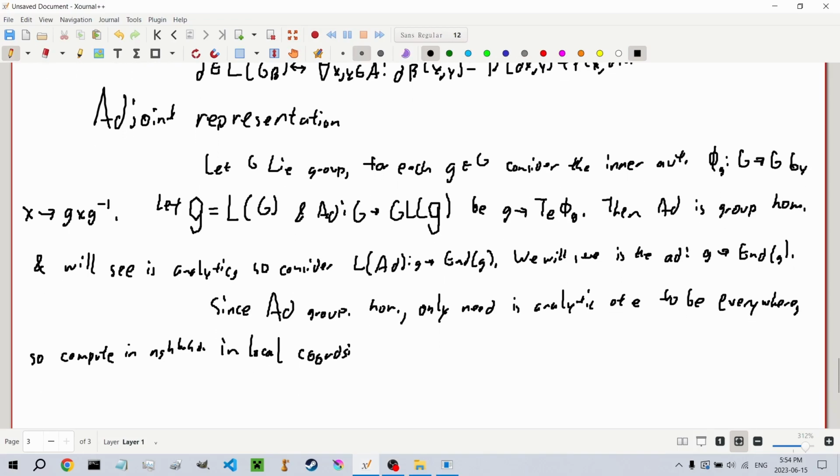Now we've seen that phi g of X is X plus g bracketed with X plus higher order stuff, which we write as D sub alpha and beta, g to the alpha, X to the beta, where the size of alpha needs to be at least 1 and the sum of their sizes needs to be at least 3.